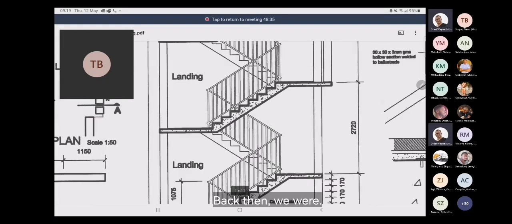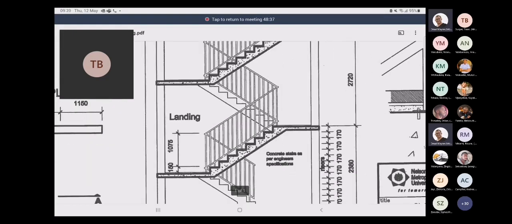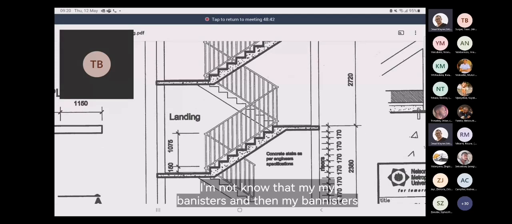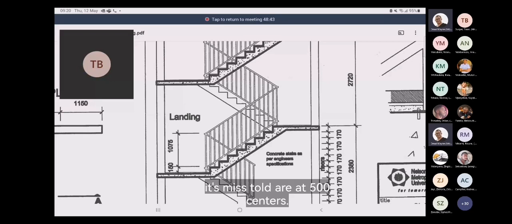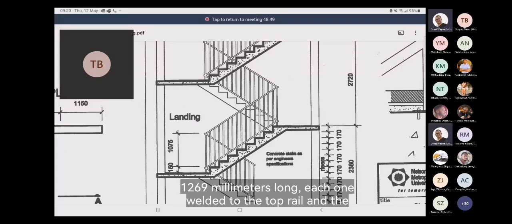Back to where we were. I now know that my balusters, as we are told, are 1269 millimeters long, each one welded to the top rail and the other end fitted with a 100 by 30 by 2 millimeter flat base plate.